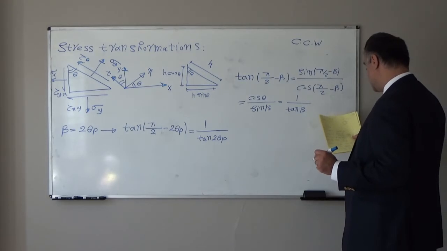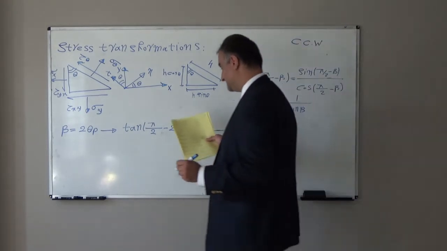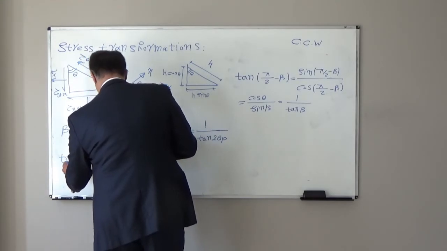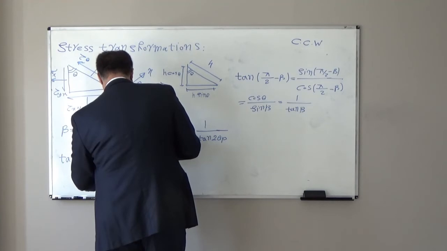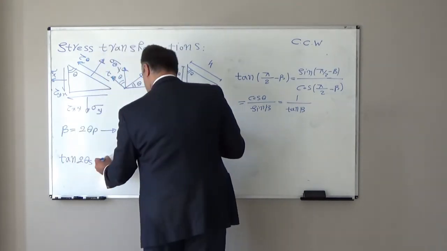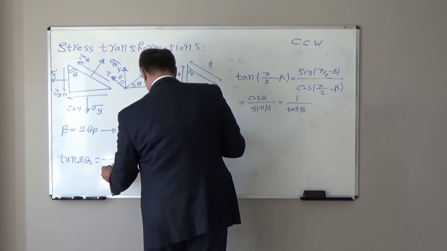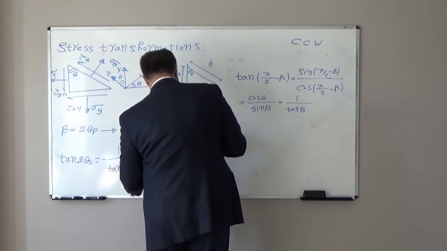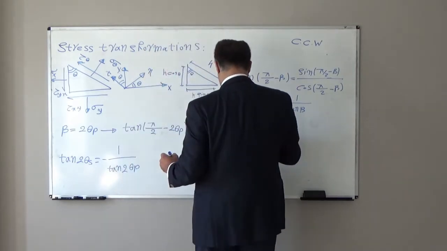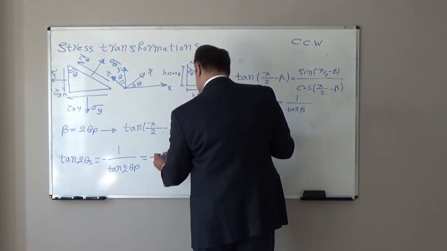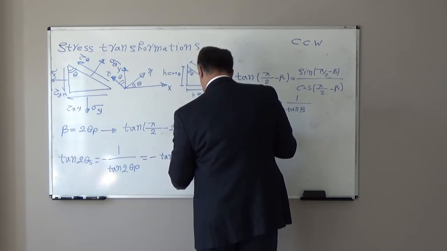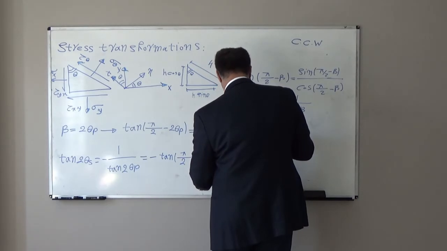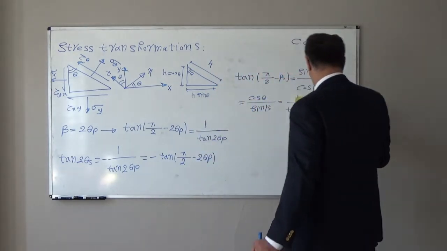From here, we can write tangent 2 theta s is equal to minus 1 over tangent 2 theta p, that is equal to minus tangent of pi over 2 minus 2 theta p.